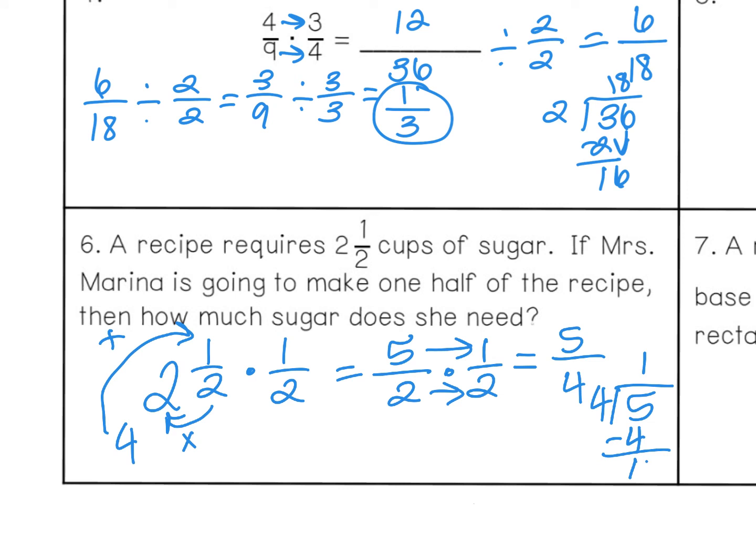This remainder here becomes the numerator of my new fraction, 1, and my original denominator of 4 stays the same. So if Mrs. Marina makes half of the recipe, she will need 1 full cup of sugar and 1/4. And that would be your answer.